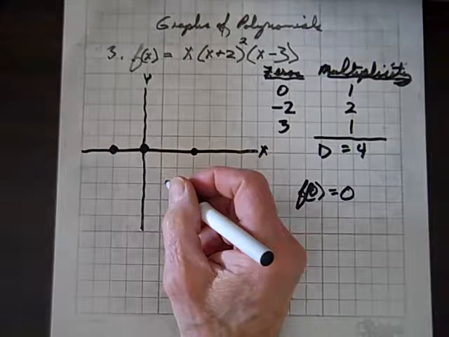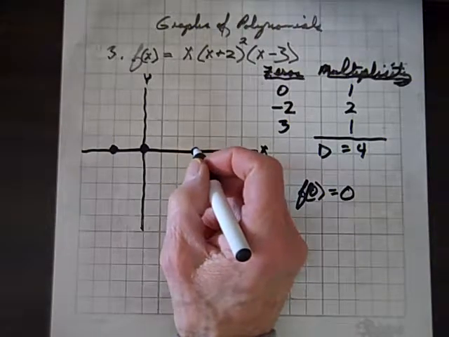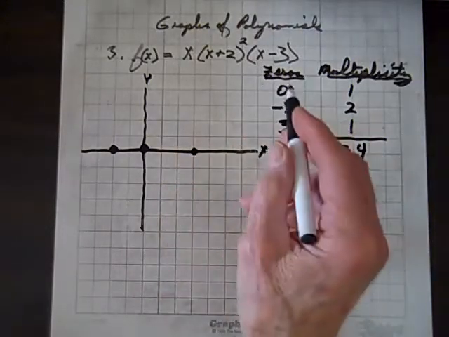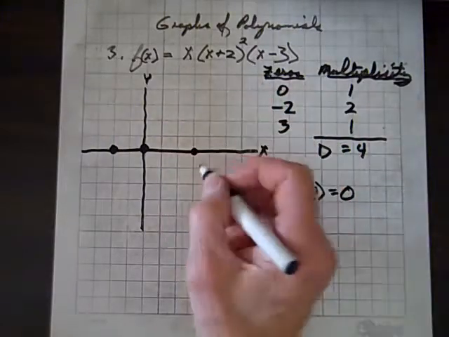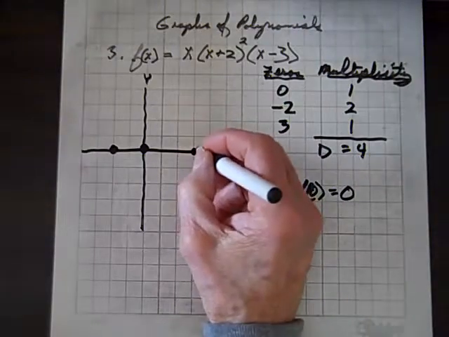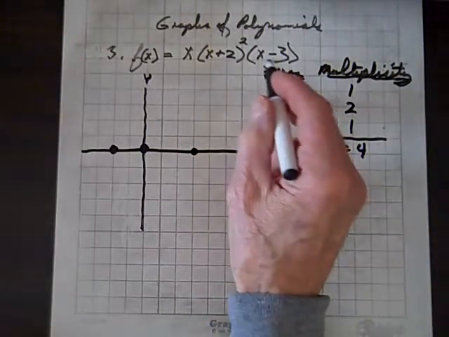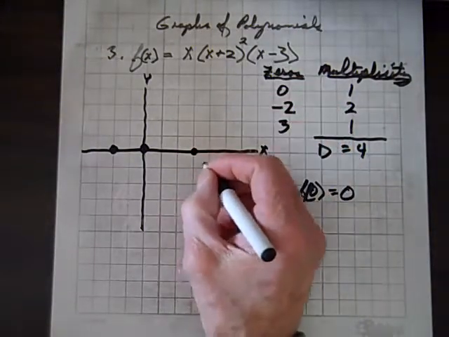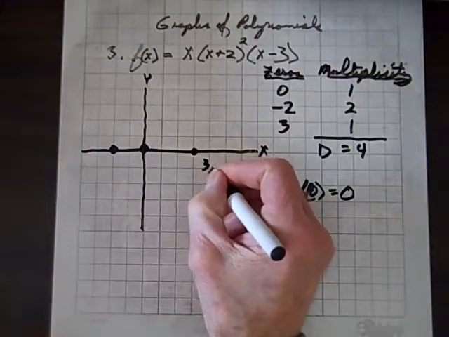Now, the next issue is the right-hand behavior is positive because the coefficient here is positive. So we're going to go through 3, 0.